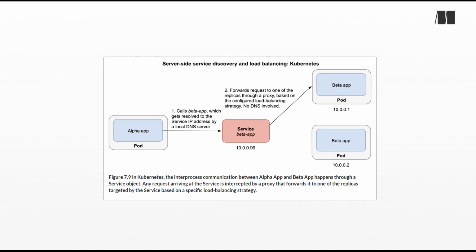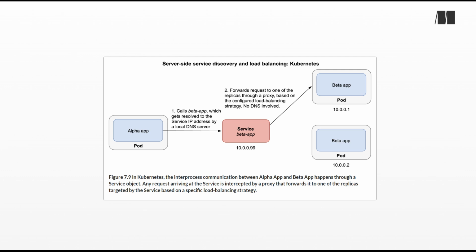After resolving the service name to its IP address, Kubernetes relies on a proxy, called kube-proxy, which intercepts the connection to the service object and forwards the request to one of the pods targeted by the service. The proxy knows all the replicas available and adopts a load balancing strategy depending on the type of service and the proxy configuration. There is no DNS resolution involved in this step, solving the problems I mentioned earlier.